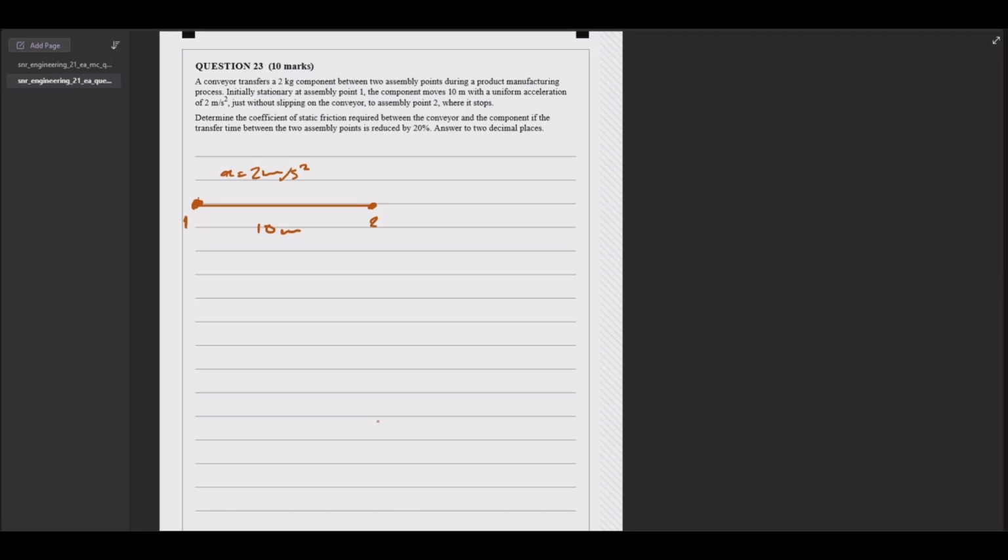Okay, so we need to figure out the time it takes for this initial setting. We've got an acceleration. We don't know our final velocity, so we're first going to need... Ooh, we don't know t either. Let's have a look at the formula sheet for another formula.